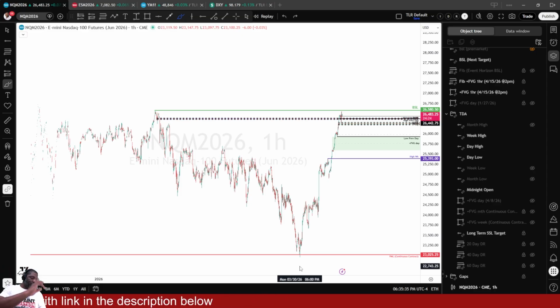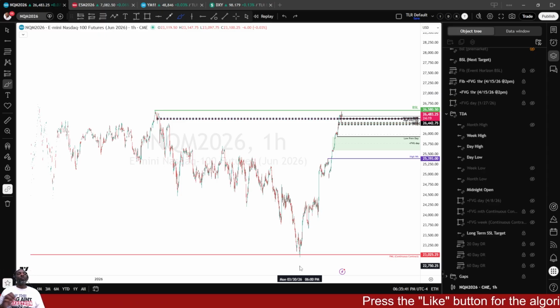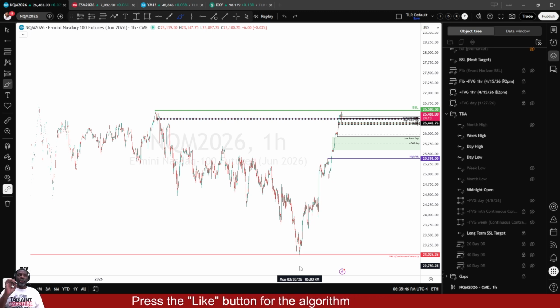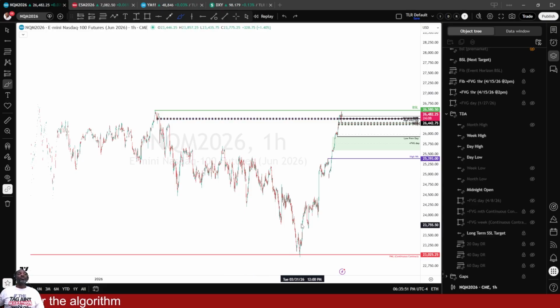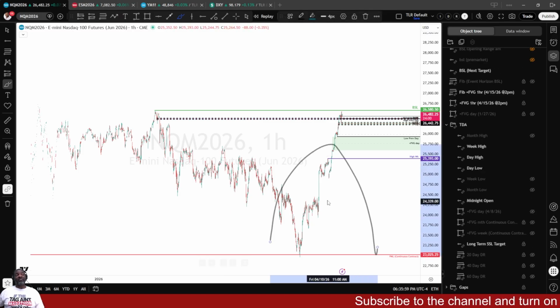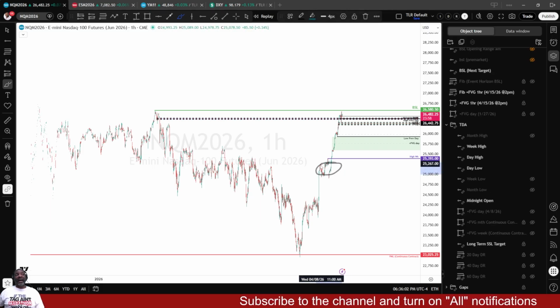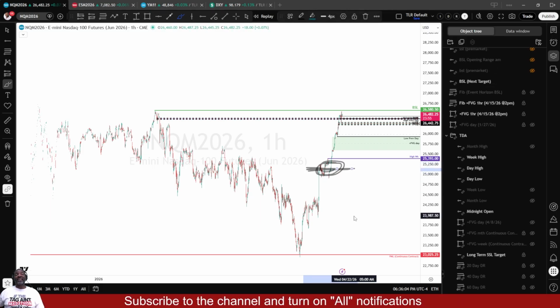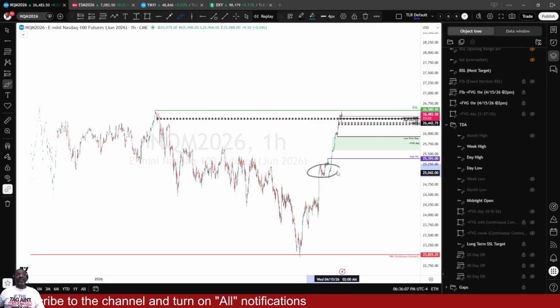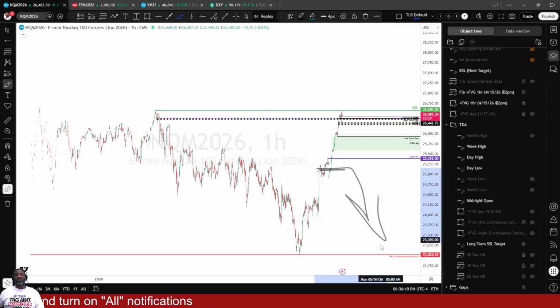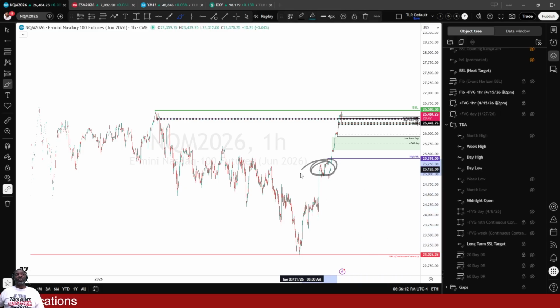if you've been around studying ICT for a while, or if you've been around me for a while, y'all always hear me talk about the original silver bullet. The original silver bullet that Michael taught was, when you get to the last stage of accumulation in a market maker buy model, or distribution in a market maker sell model, that buy off of the last stage of accumulation, or that sell off of the last stage of distribution for a sell model, that was the original silver bullet.